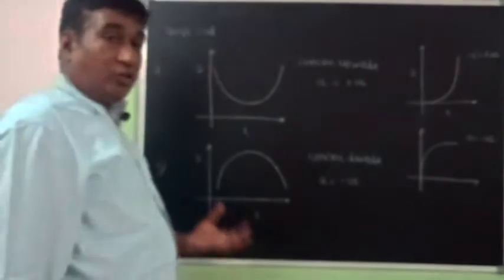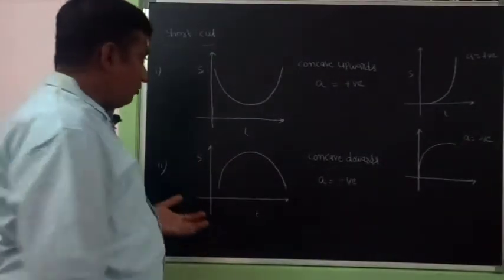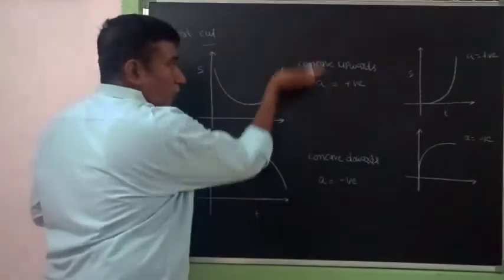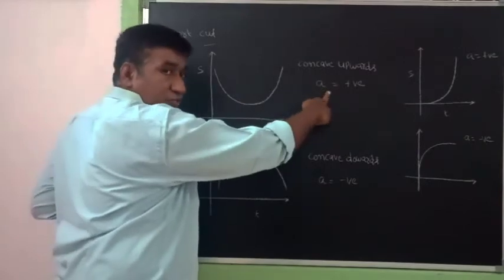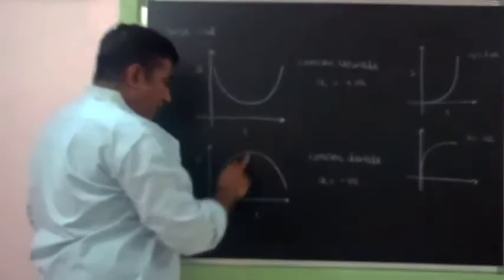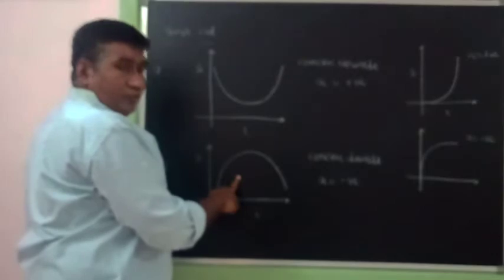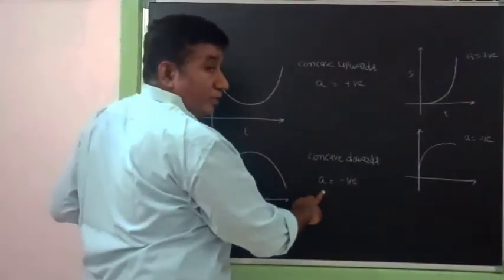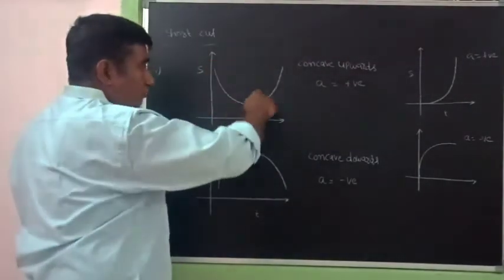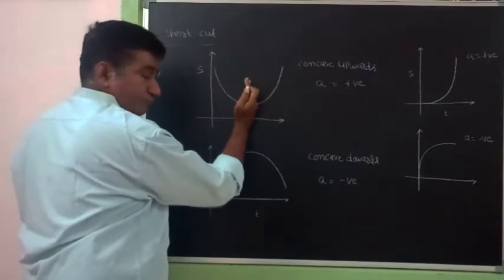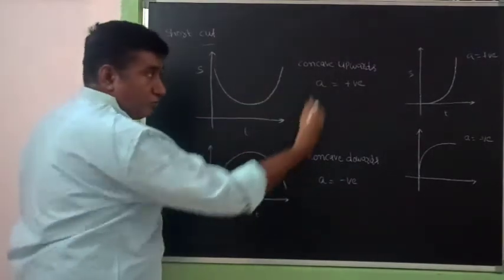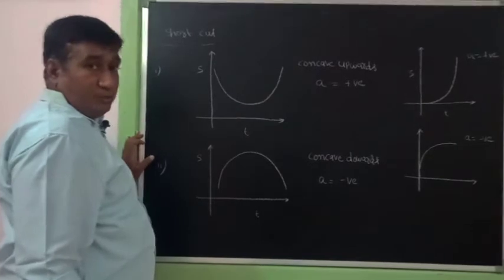So to remember quickly, whenever you see concave upward direction, acceleration will be positive, and whenever you see concave downward direction, acceleration will be negative. It is not compulsory to be the full curve, it may be half also. In the half part also you can consider the same phenomenon.